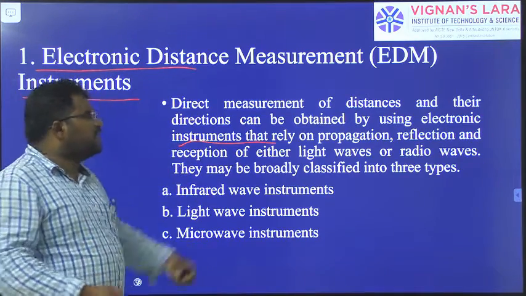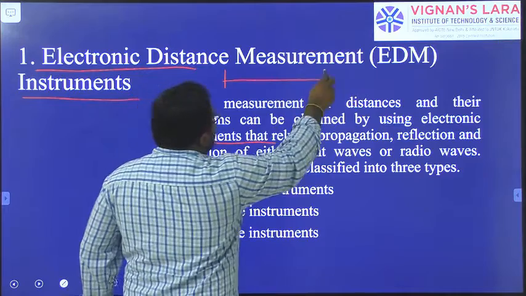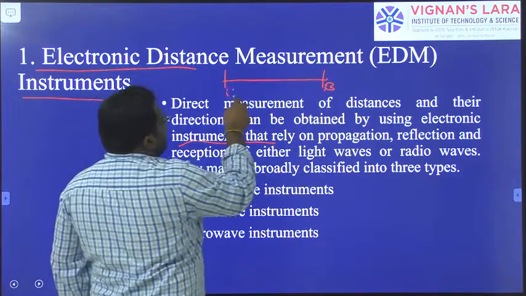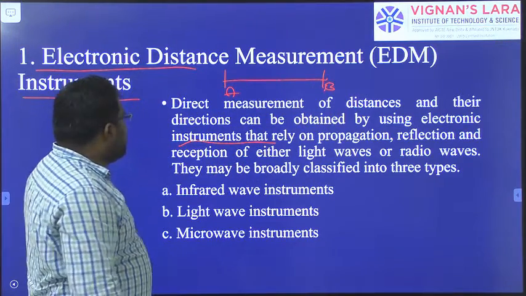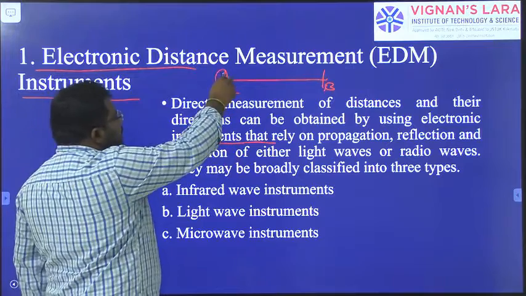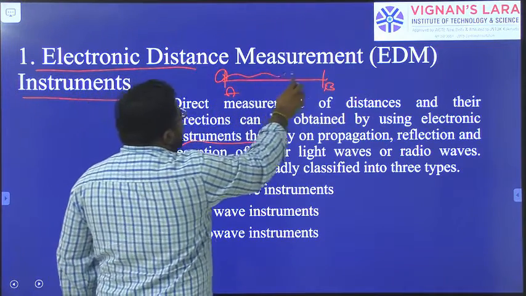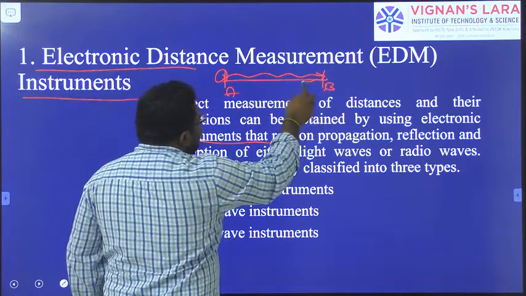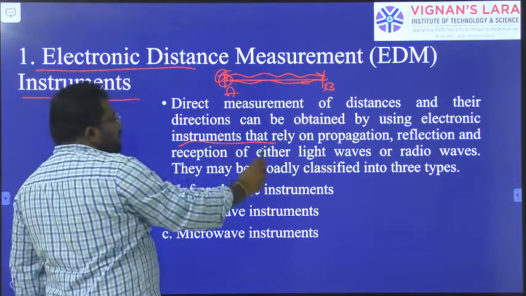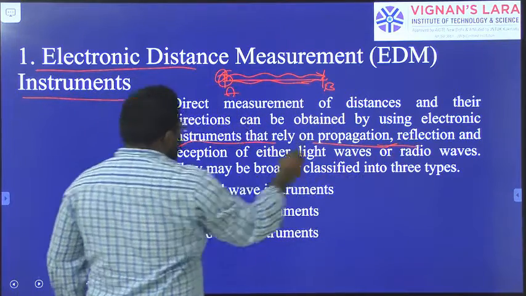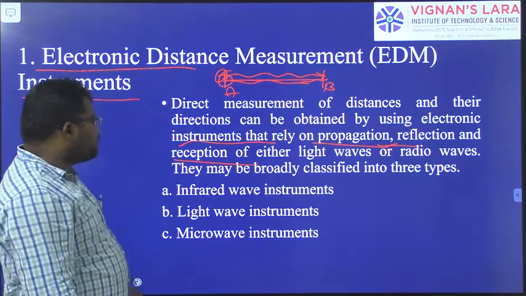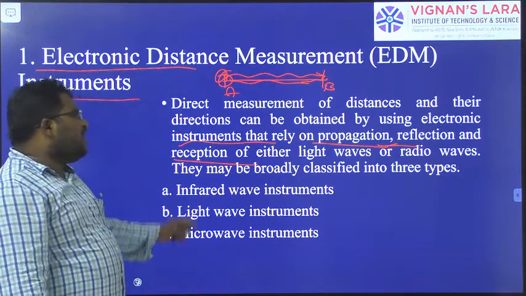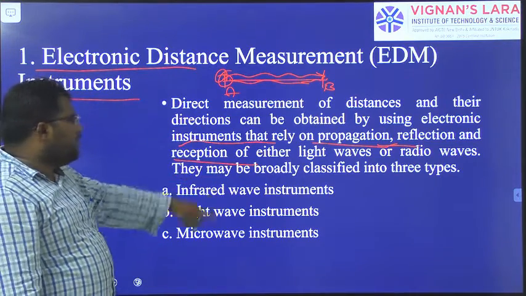Here we are going to measure the distance from one point to another, A to B, using electronic instruments that rely on propagation, reflection, then reception, of either light waves or radio waves.